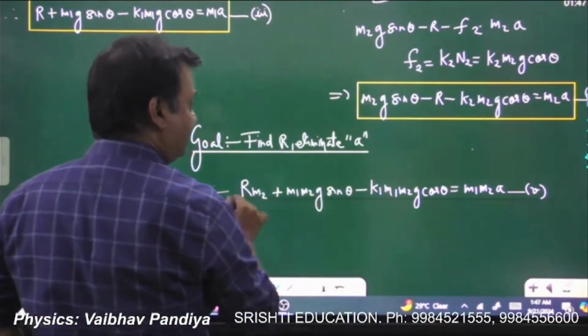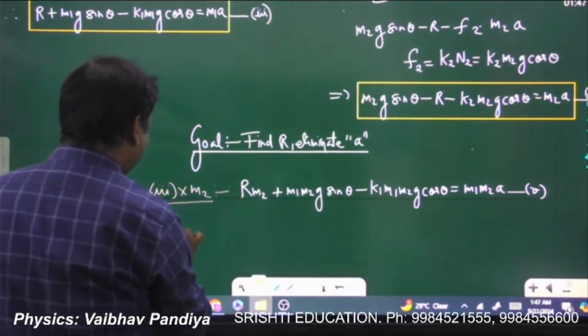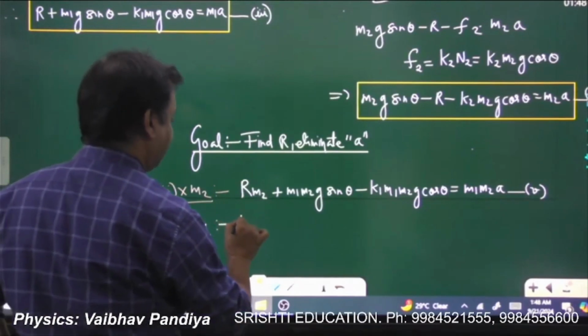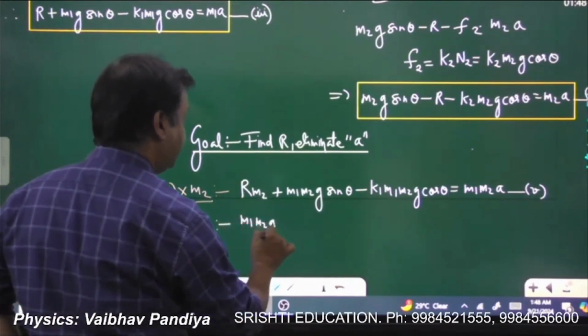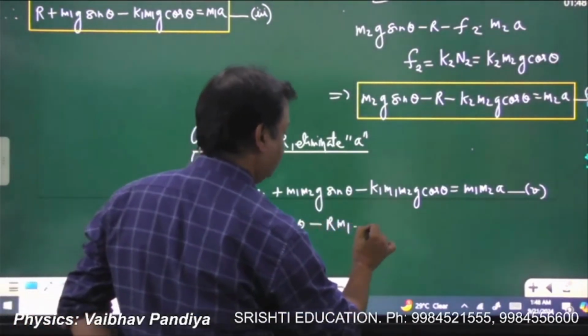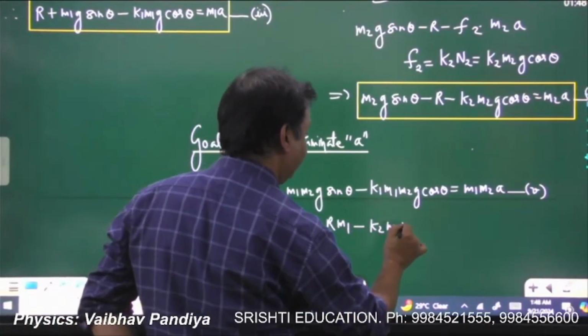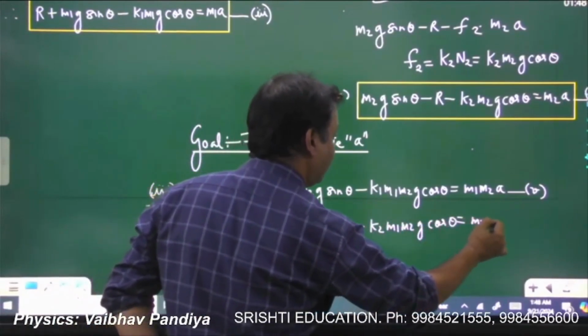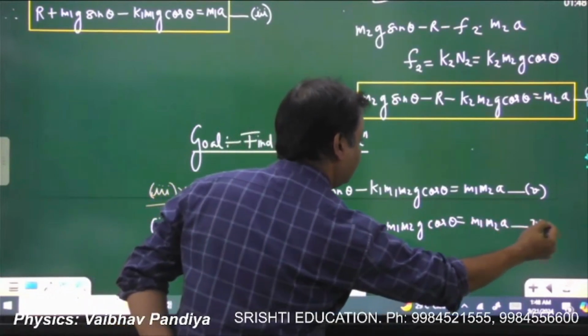Now in the same manner, I can multiply equation number 4 with M1. So what I'll get? M1 M2g sin theta minus R M1 minus K2 M1 M2g cos theta is equal to M1 M2A. Let it be equation number 6.